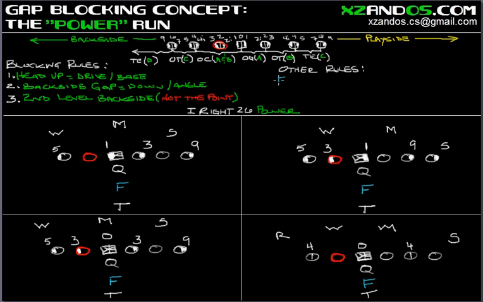And the fullback is responsible for, he is going to kick out first man outside of, and then I'm just going to abbreviate the end man on the line of scrimmage, LOS.